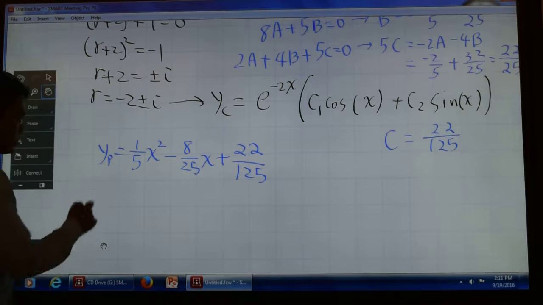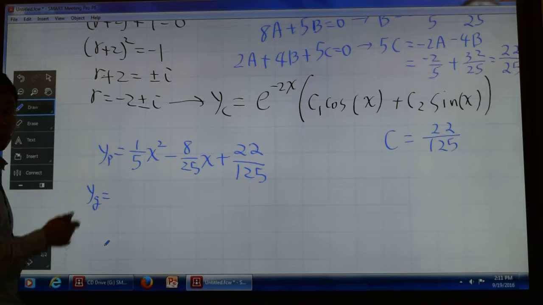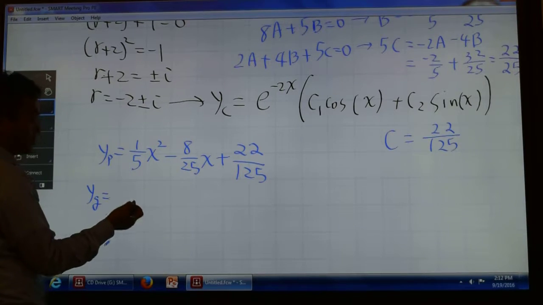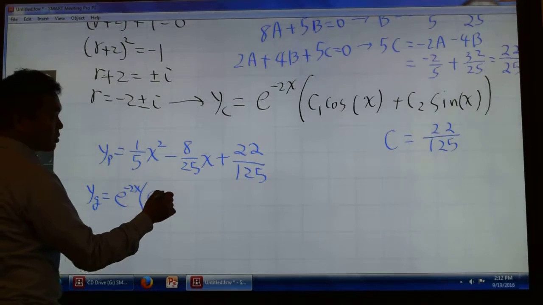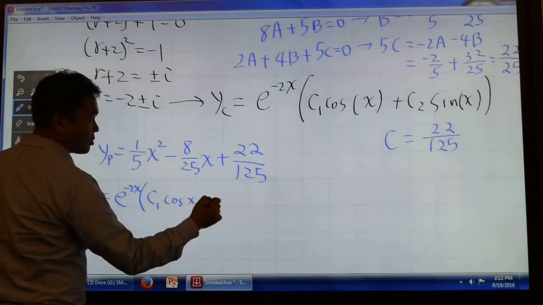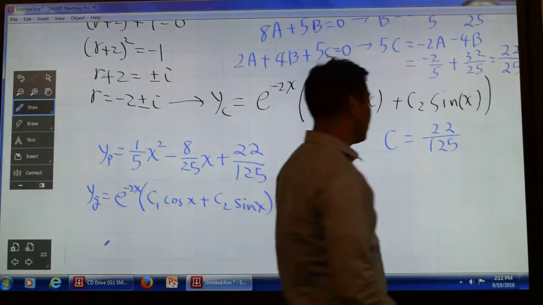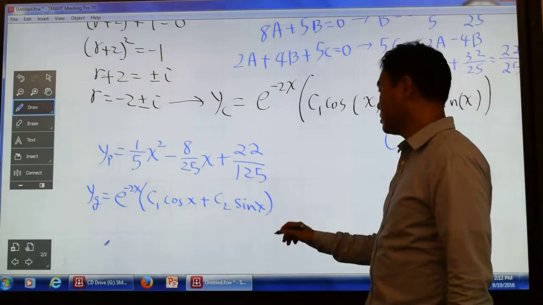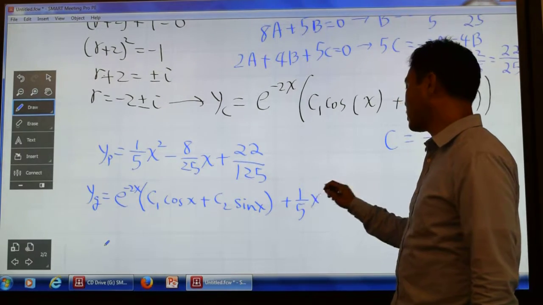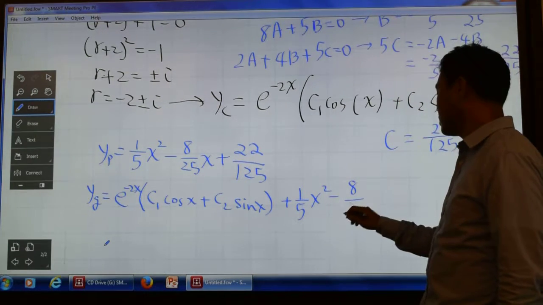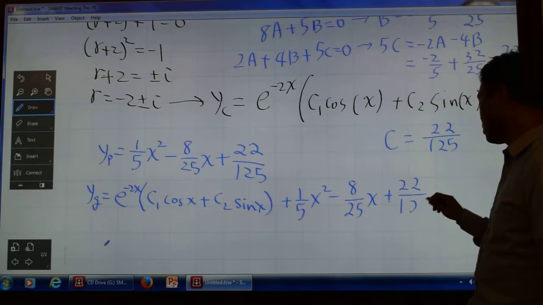Now what's the general solution? Add these two up. That's the general solution. So yg, the general solution, is e to the negative 2x times c1 cosine x plus c2 sine x, plus 1/5 x squared minus 8 over 25 x plus 22 over 125.